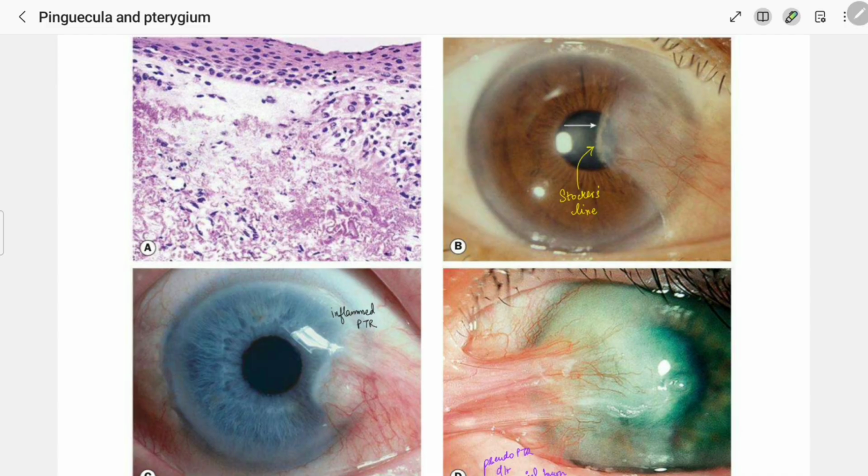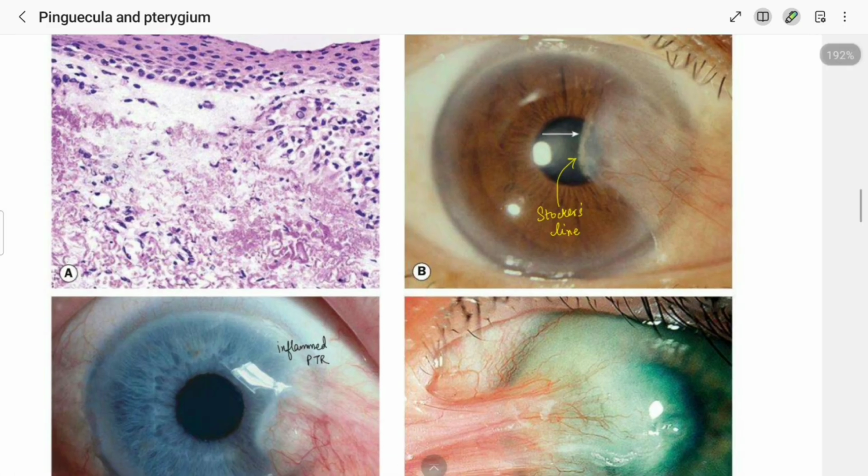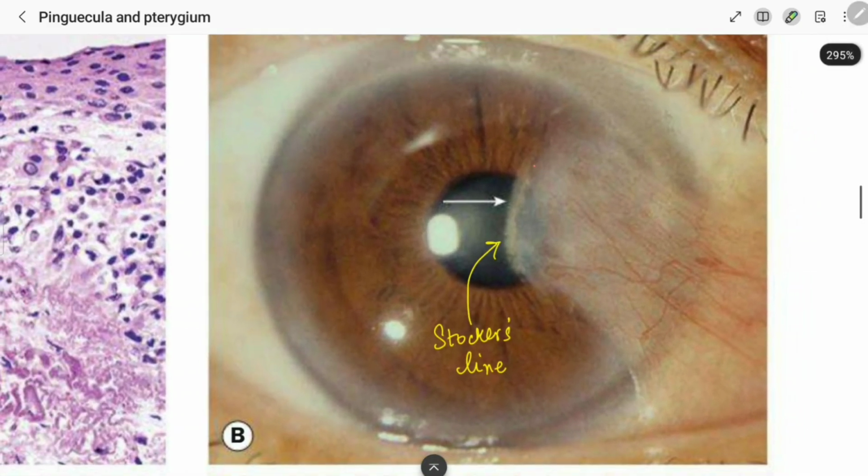Here are some images regarding pterygium. This is the histology of pterygium, which is showing collagenous degenerative changes and vascularized subepithelial tissue. This is the Stocker's line, which I was talking about in the regressive pterygium.